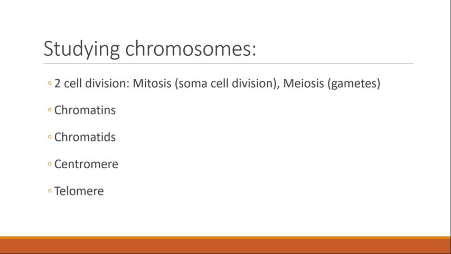Now, when we observe these chromosomes, they are not visible under a light microscope, especially in the non-dividing phase, as in interphase cells, if I'm not wrong. That is the phase when they are not generally visible.